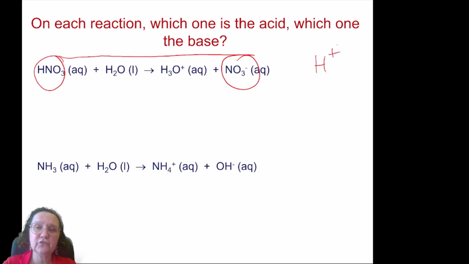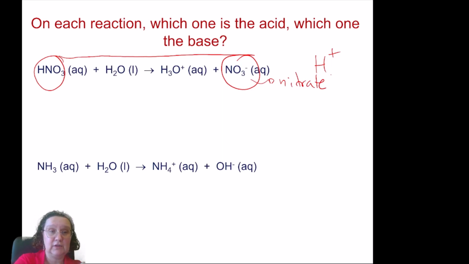It has lost the hydrogen with a positive charge. The hydrogen has left the electrons behind, and that's where you have what we call the nitrate anion. So in this reaction, the nitric acid will be the acid.